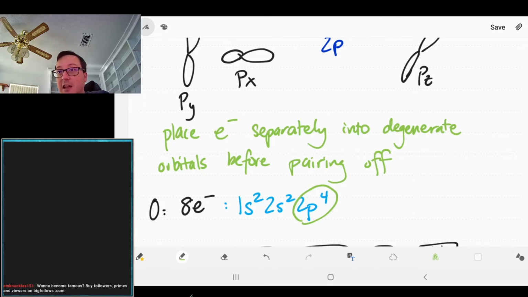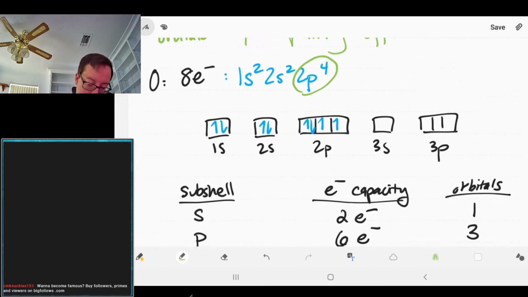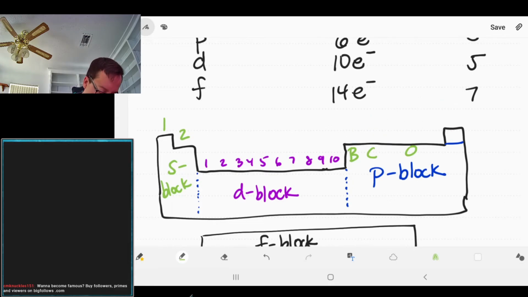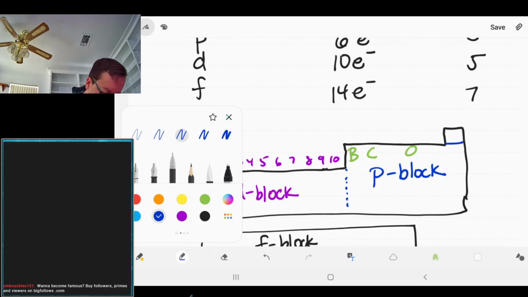That's the highest energy one. And notice boron, carbon, oxygen, all of those fit on the periodic table in the p block. And here, I'm going to erase these numbers, and I'm going to redraw them in blue.